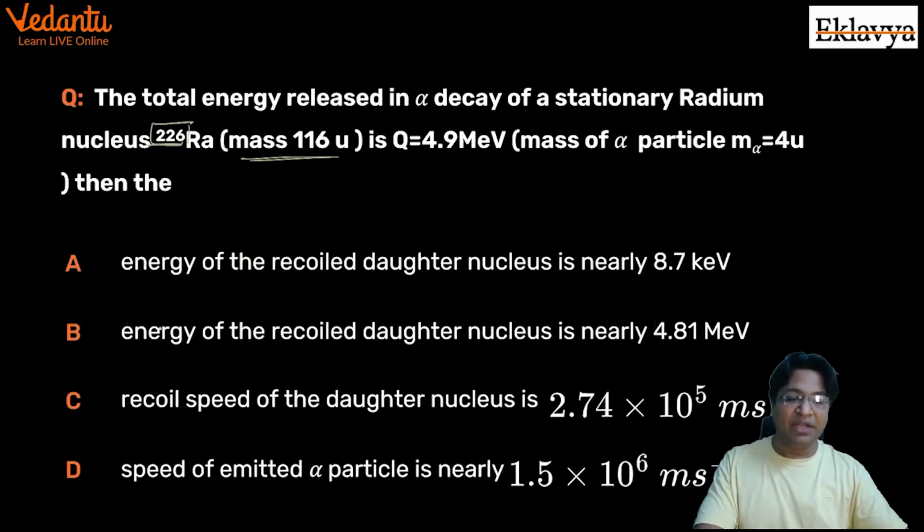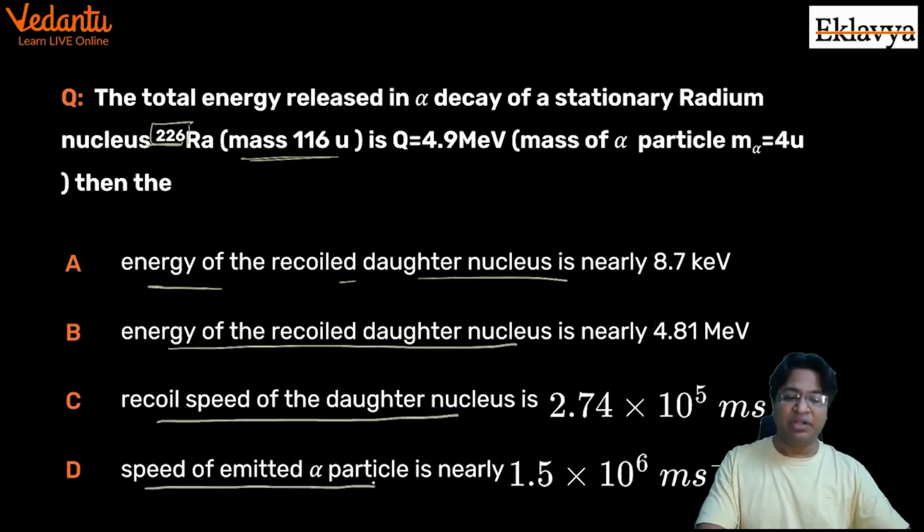The question says energy of the recoiled daughter nucleus is this much, and then the recoil speed of the daughter nucleus. Two of the options talk about the energy, two of the options talk about the speed. So let's first figure out the energy.